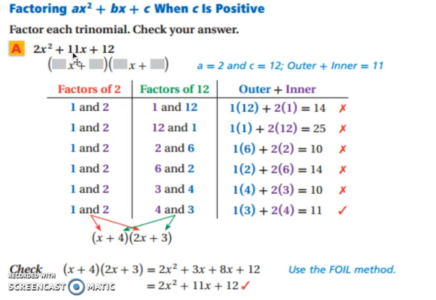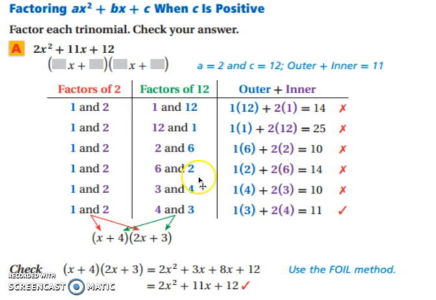Now we have one more step. We simply have to write this as two binomials being multiplied to each other. So with our first column, we have a 1 and a 2. That's going to go in the first place of each binomial. So we have 1x and 2x.